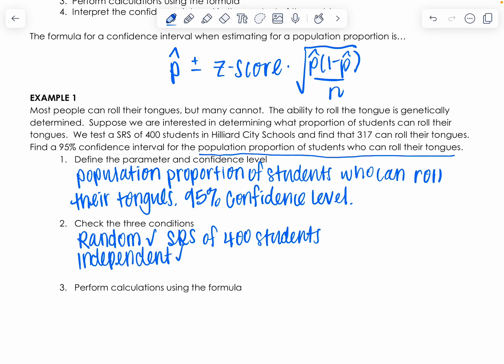I would say yes. 400 is less than 10% of all HCSD students. Right? 400 is 10% of 4,000. There's definitely more than 4,000 students in Hilliard City Schools.